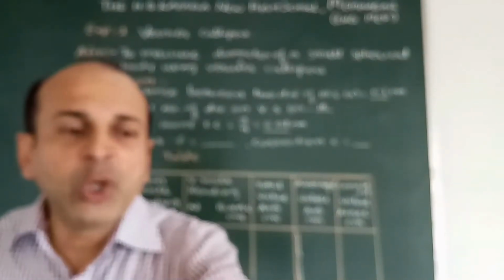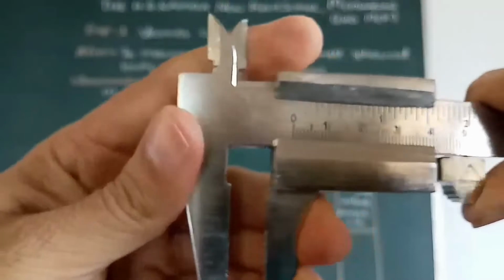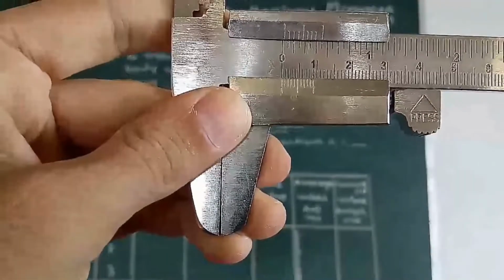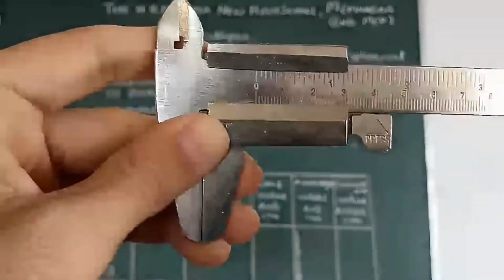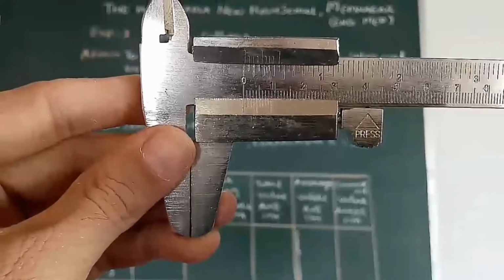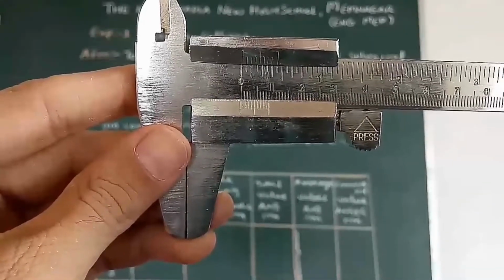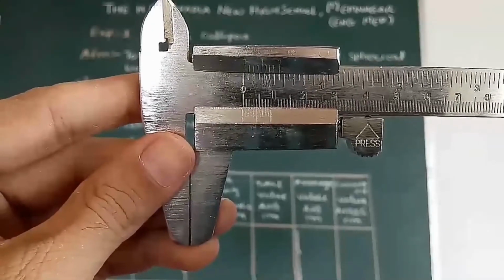Let me measure the error of the instrument. For that, you close the jaws of the instrument. What will happen? The 0th division of the main scale and the 0th division of the vernier scale, if they are exactly matching, that means there is no error in our instrument.